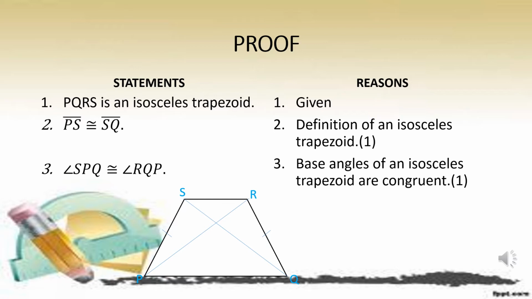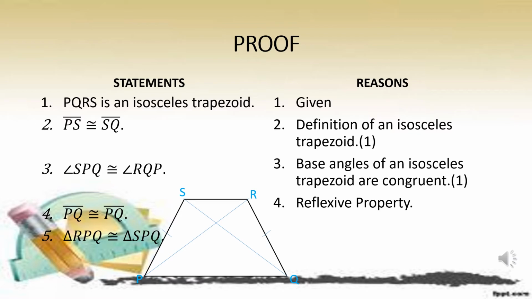Fourth statement, segment PQ is congruent to segment PQ, and that is the reflexive property. Fifth statement, triangle RPQ is congruent to triangle SPQ, and that is the side angle side postulate. And you can see the reasons from statements 2, 3, and 4.